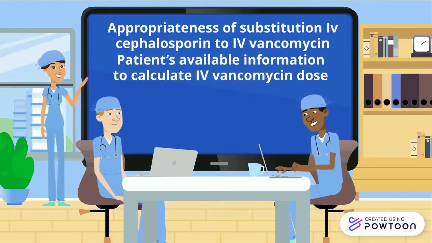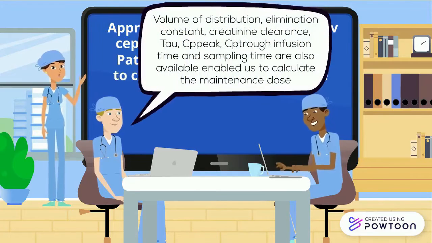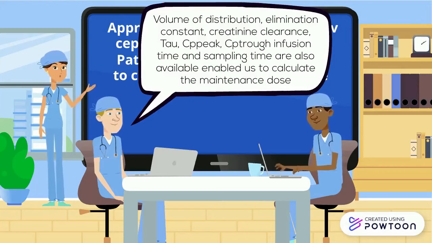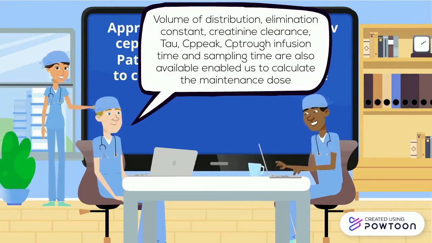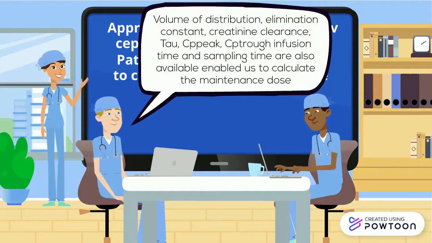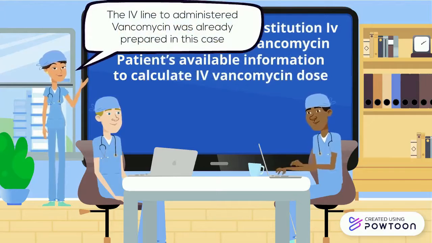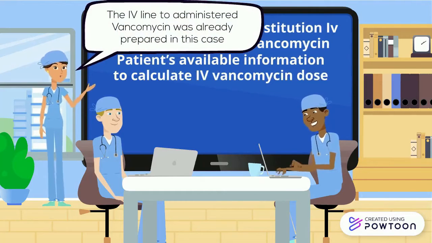In addition to that, volume of distribution, elimination constant, creatinine clearance, tau, CP peak, CP trough, infusion time, and sampling time are also available to enable us to calculate the maintenance dose. The IV line to administer vancomycin was already prepared in this case.